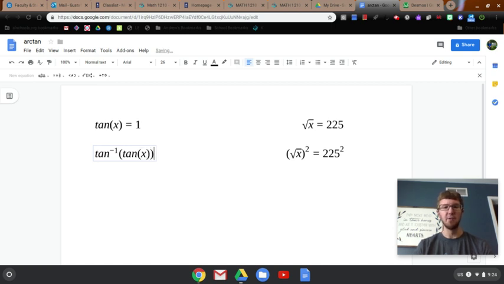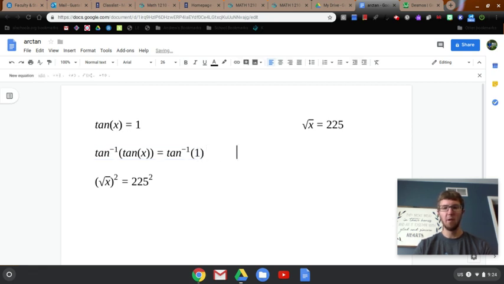So you have the inverse tangent of the tangent of x, and applying that inverse to that operation is just going to eliminate it. Just like here, when I square root and then square it, I'm left with just x. Whenever I do something to one side of the equal sign, I have to do it to the other to keep the balance. So I'm going to take the inverse tangent of 1 over here.